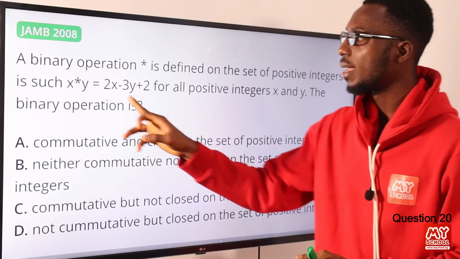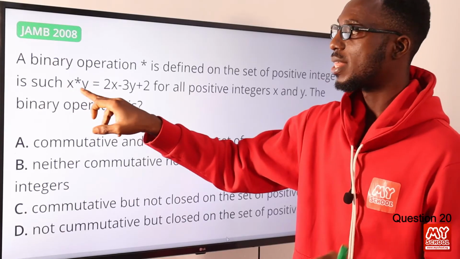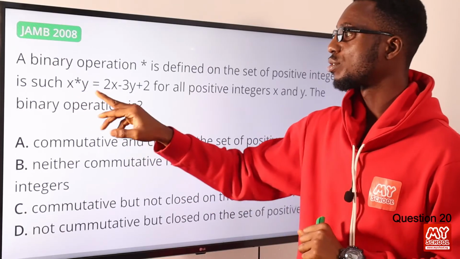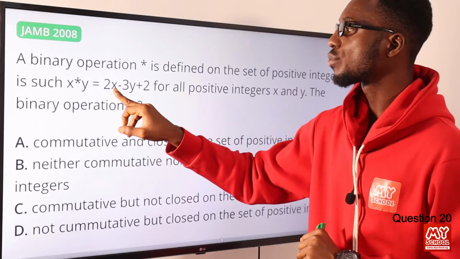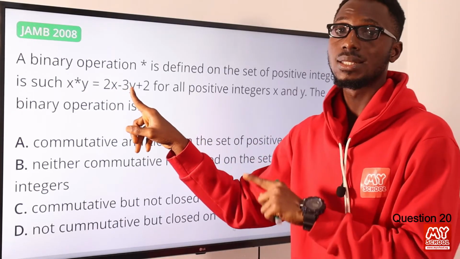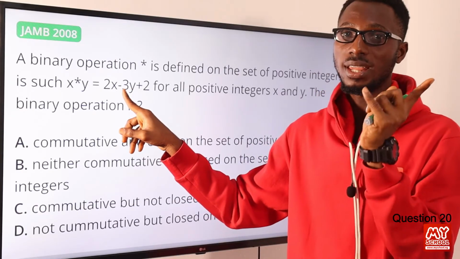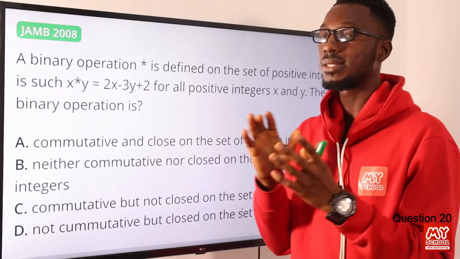So let's try x as 2, then y as 1. So 2 times 2, I have 4, minus 3 times 1, that is 3. So 4 minus 3 is 1, plus 2, that is 3.